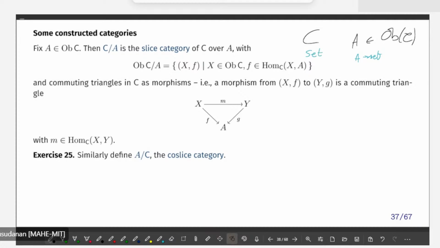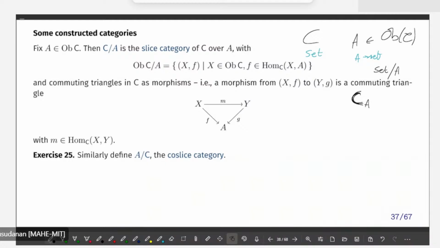You don't think of it as a quotient. You can also denote it like this if you want. The C stands for the category's name. So in this case, it would be Set over A, where A is a particular set. The objects are basically all morphisms from arbitrary objects to A.